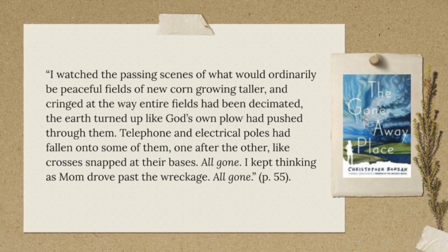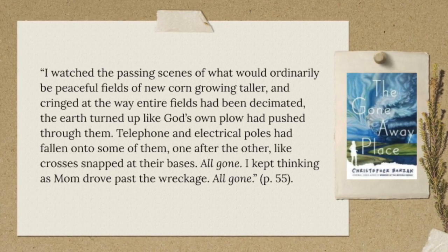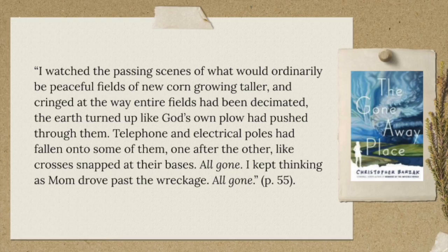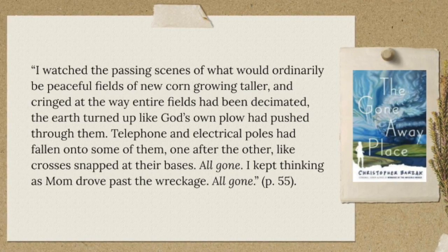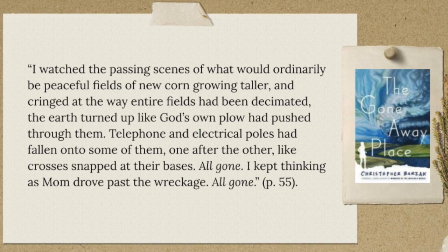The earth turned up like God's own plow had pushed through them. Telephone and electrical poles had fallen onto some of them, one after the other, like crosses snapped at their bases. All gone, I kept thinking as Mom drove past the wreckage. All gone."